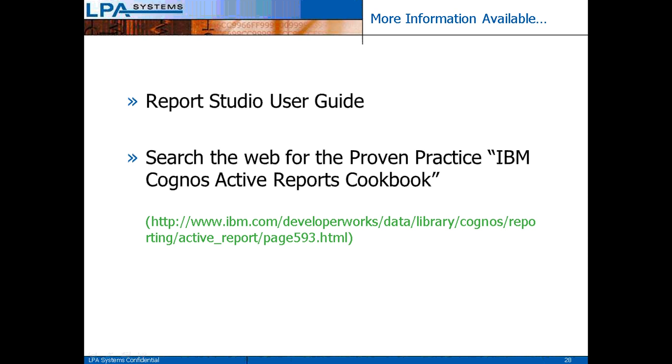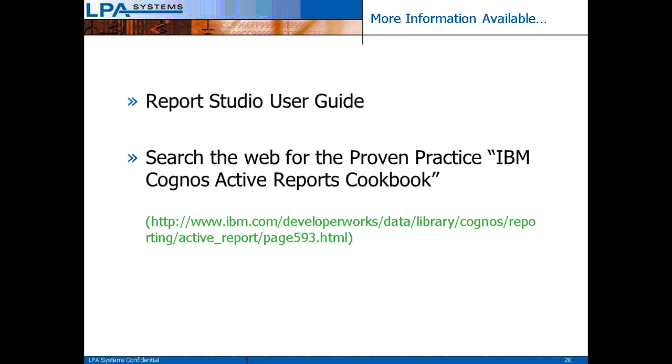So where can you go to get more information about active reports? The Report Studio user guide that comes with the installation of Cognos 10 BI software has all of the reference material and controls, etc., documented.